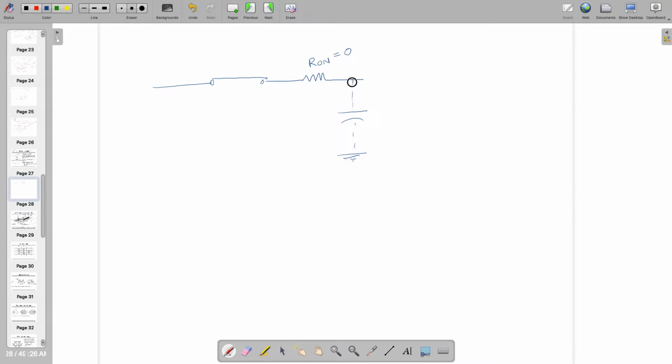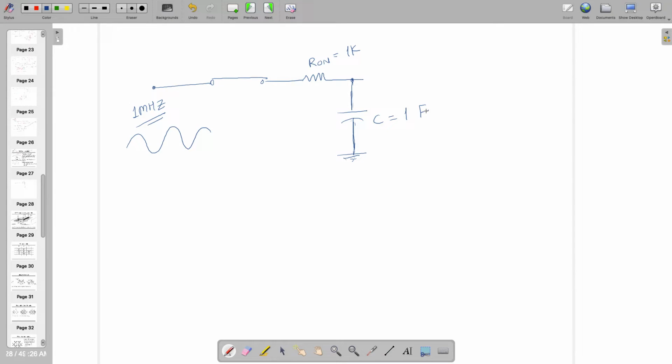So let's assume that this is a very popular thing which you have studied in the BTech first year course, the RC circuit, right? So if I am applying here 1 megahertz of frequency, let's say a sine wave with 1 megahertz, and this value is 1 kilo and C is equal to 1 farad.